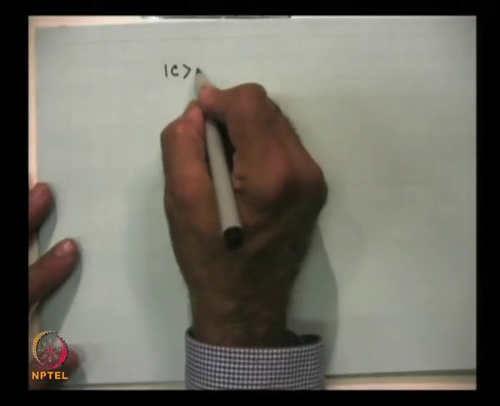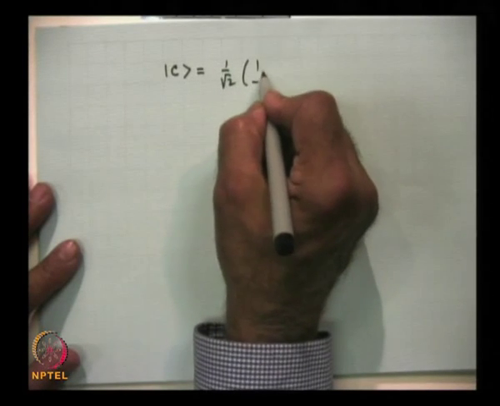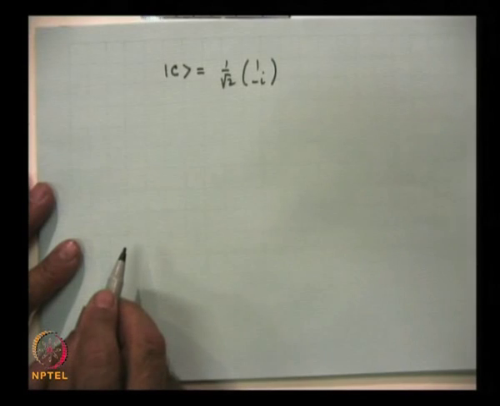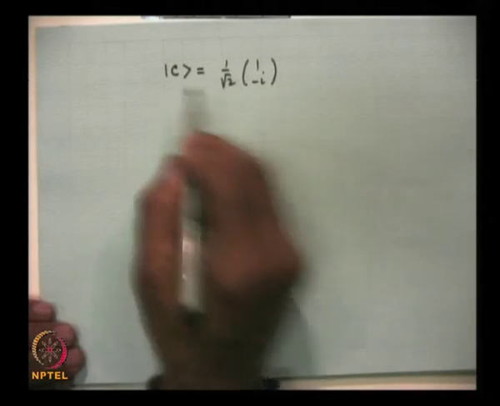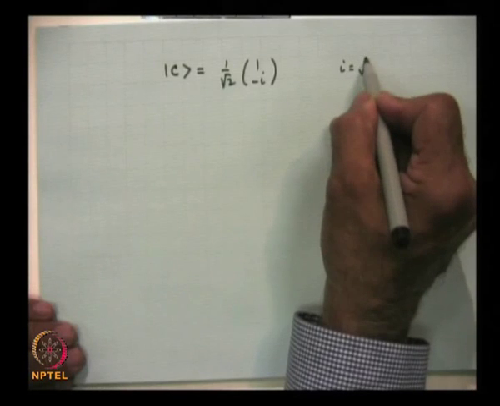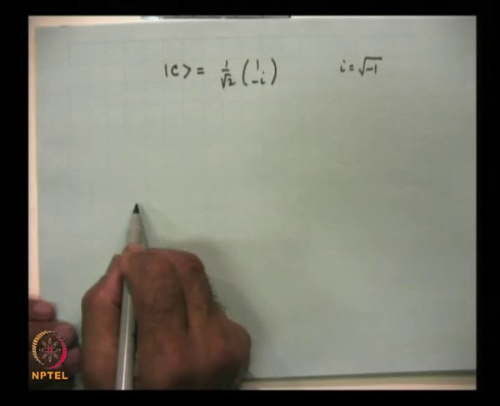Let me give you another example. There is another vector in the same space, C, which is equal to 1 over root 2 times 1 minus i, and I leave this as an exercise, where i is equal to the square root of minus 1, to show that this is a normalized ket.